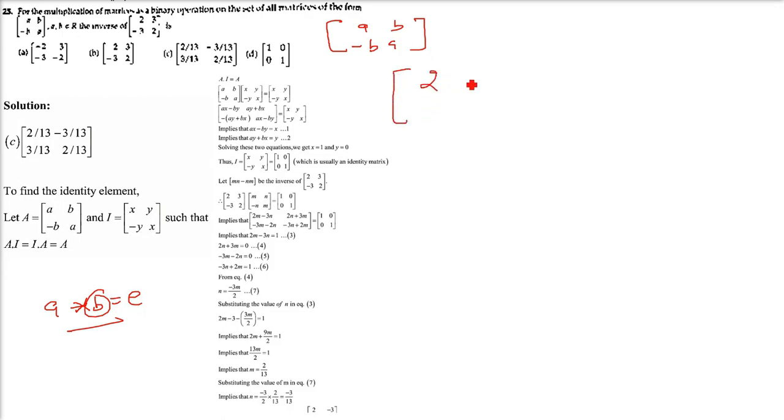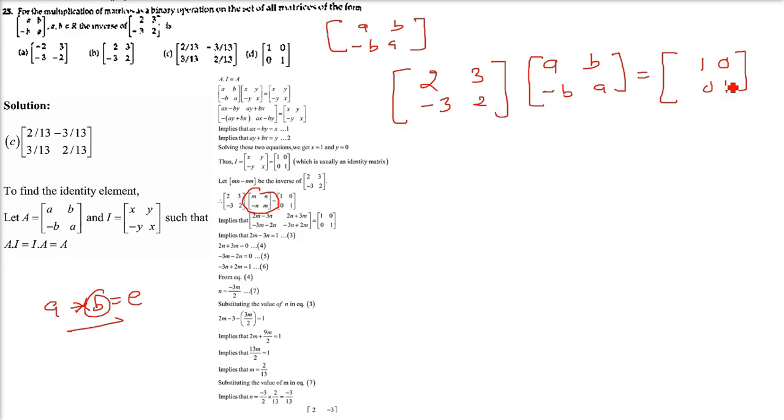So this is 2, 3, negative 3 and 2. The inverse of this will be when it is multiplied by a certain matrix, we should get the identity element. So whatever is given in the form A, B, minus B, A, just write that. Don't worry about M or N or any other X, Y like that. Just write this because this is the form, and this form is taken by A or B, either of them.